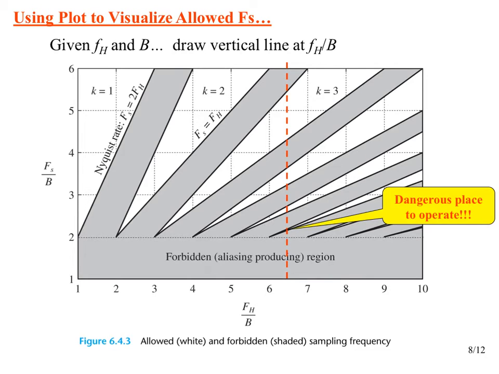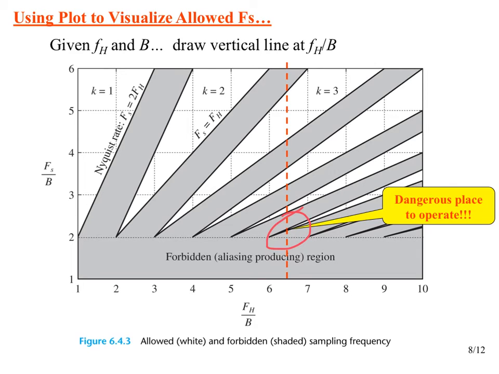And I'm just pointing out that this is a dangerous place to operate, because if we're off just a tiny little bit, maybe we don't know what our Fh is exactly, or maybe our Fs is not exactly correct, we could end up deviating from this operating point and actually going into this forbidden region where we would have aliasing. So any of the gray areas are forbidden, not just those below that horizontal dashed line, which is what it might look like.